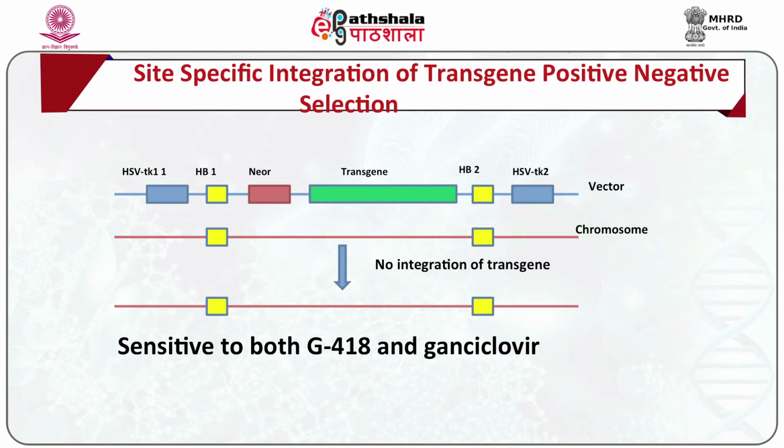The transgene confers a new function or phenotype to the recipient. A DNA sequence codes for resistance to the compound G418, that is neomycin resistance. Two different genes for thymidine kinase, TK1 and TK2, from herpes simplex virus type 1 and type 2, which we call HSV TK1 and HSV TK2.